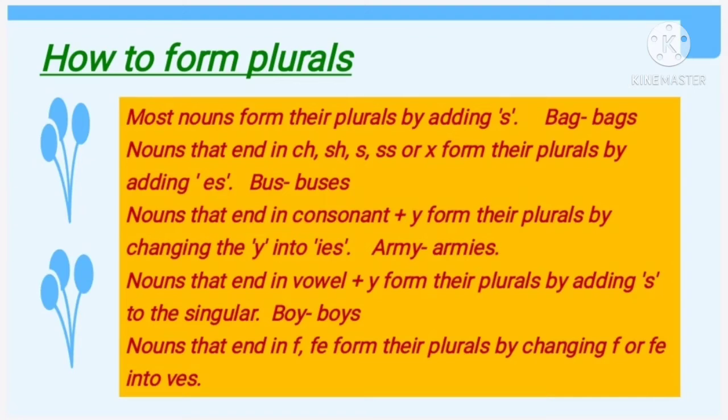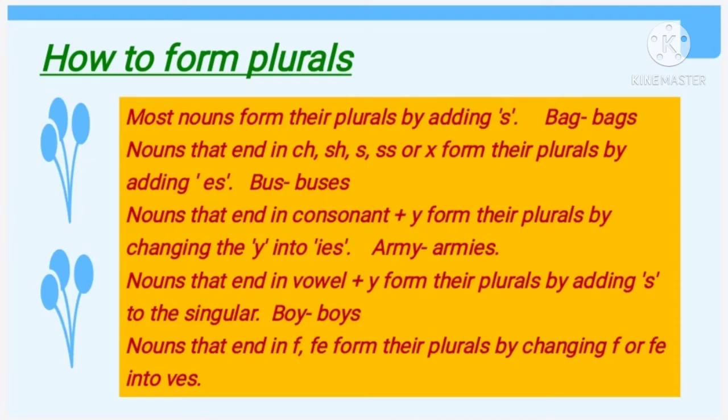Nouns that end in f, fe form their plurals by changing f or fe into ves, like knife, knives, life, lives. So like this we form the plurals by changing some letters at the end and by adding s or es, ies or sometimes ves. Sometimes we don't change anything.